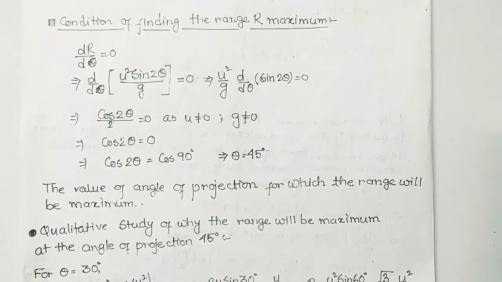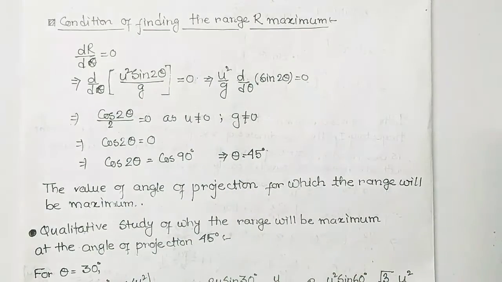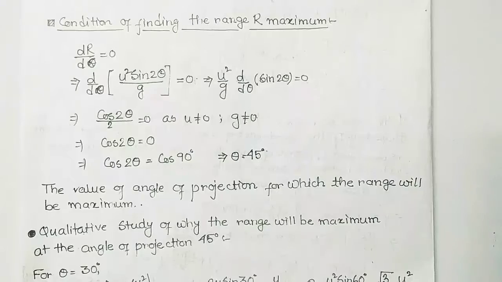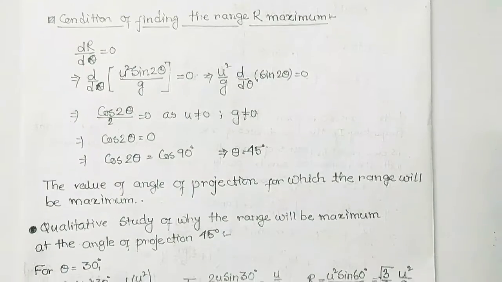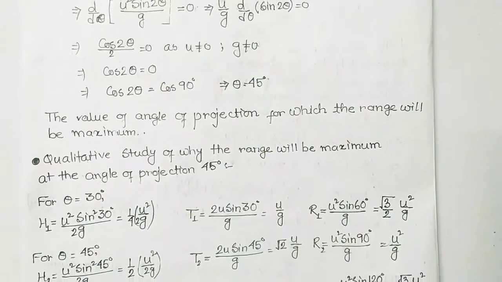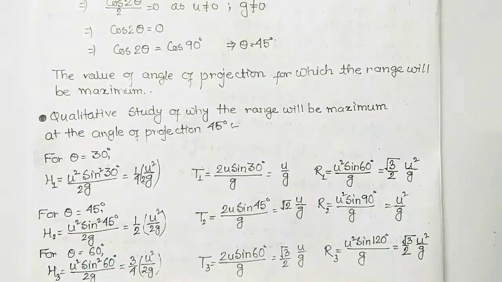As I am always encouraging you to take handwritten notes, these handwritten notes give us dr d theta equal to 0, and from the differentiation we get theta equal to 45 degree. But if I want to make a qualitative study, let us take a look at it for a while.